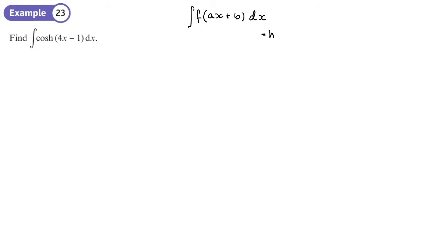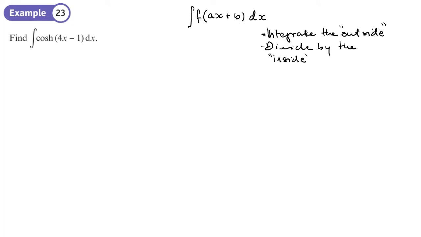We integrate the outside, basically the stuff that's outside the bracket, and then we divide by whatever's inside the bracket, differentiated. The reason I call it the chain rule is because this is the reverse of the chain rule for differentiation.